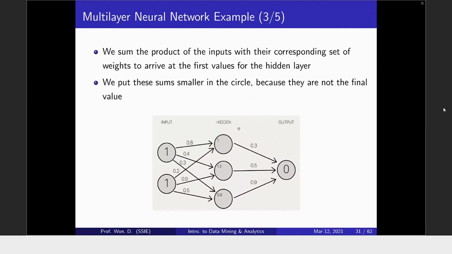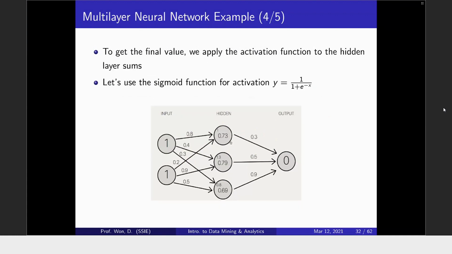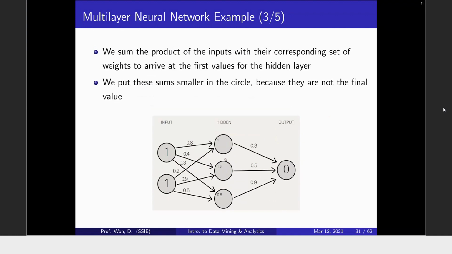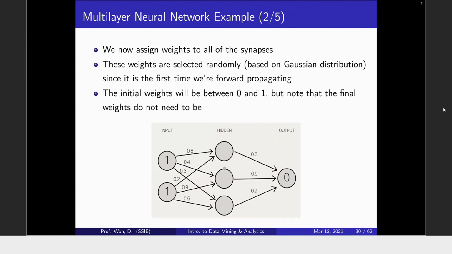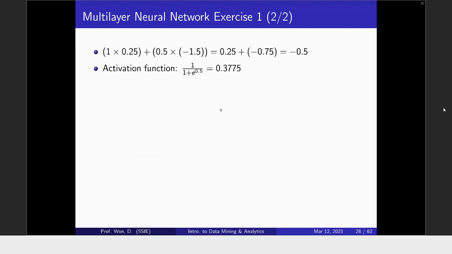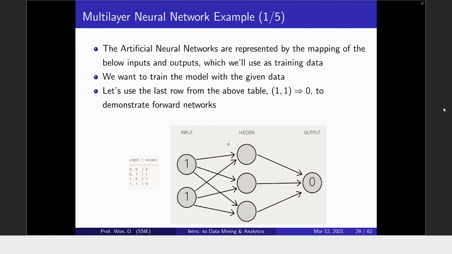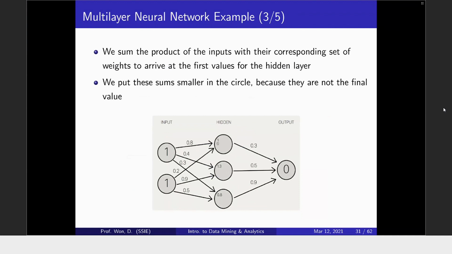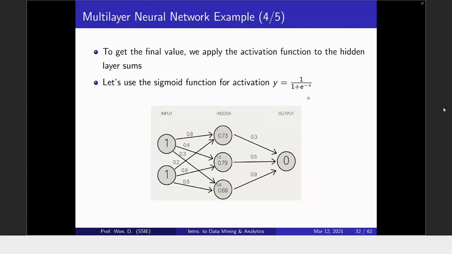The next step is we are going to use activation functions, which means I'm going to put this number into the activation function. We are going to use sigmoid functions.